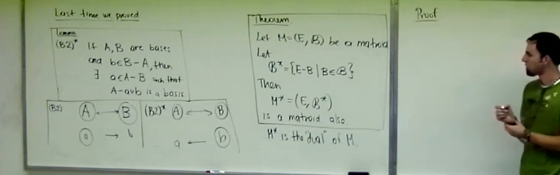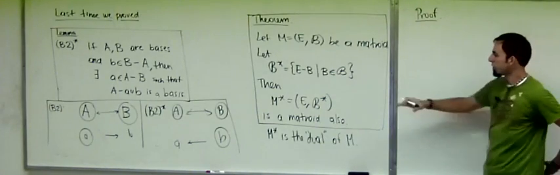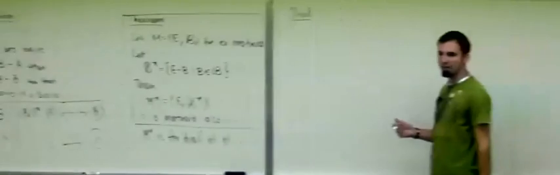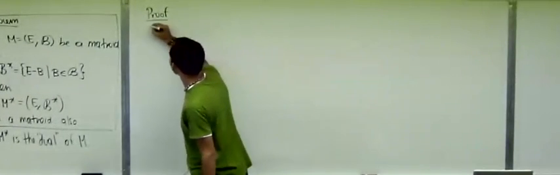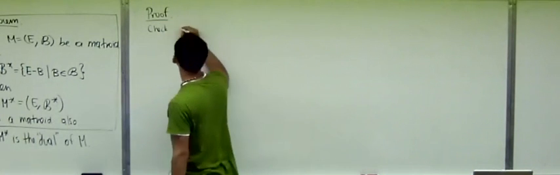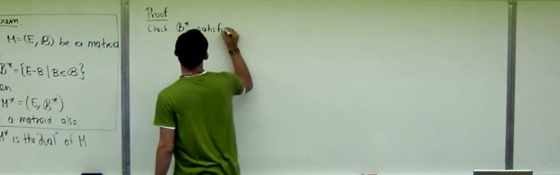Okay. So in order to prove that this is a matroid, I need to check the two normal exchange axioms for B star. Check that B star satisfies B1 and B2.